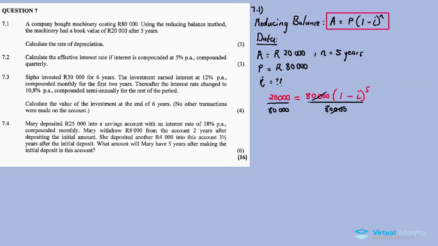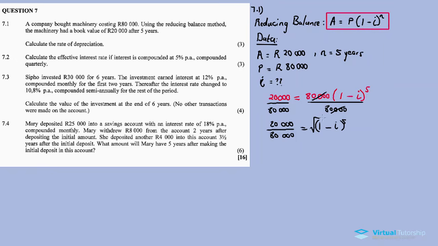This cancels this. Let's keep it as it is. 20,000 rand divided by 80,000 equals (1 minus i) raised to exponent 5. Voila.